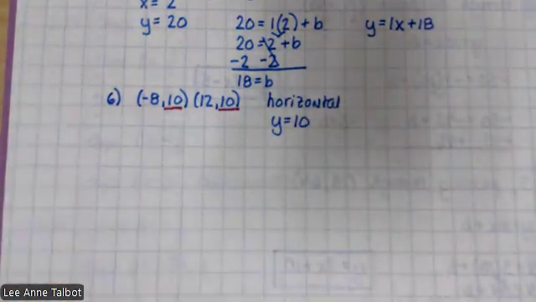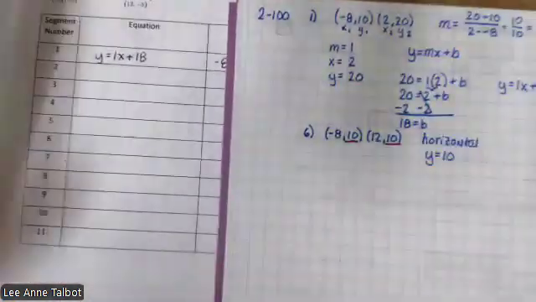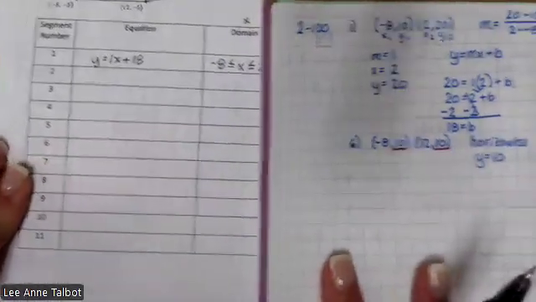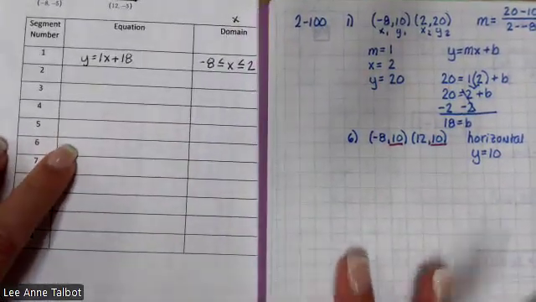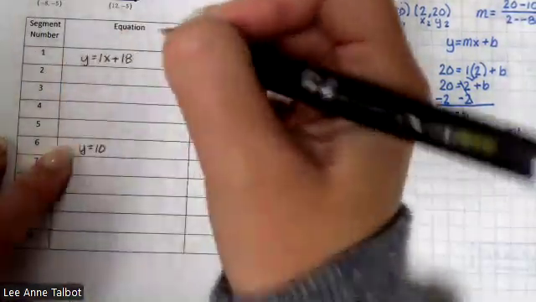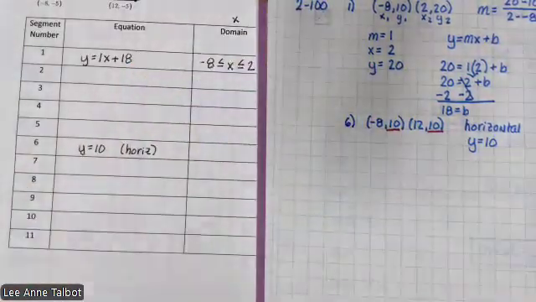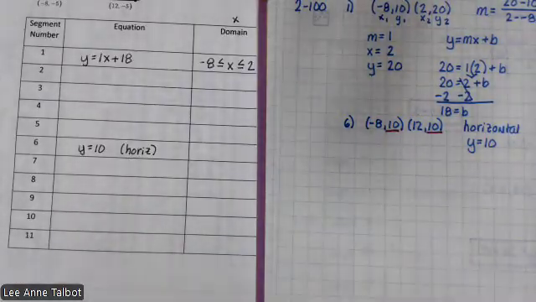Okay, so go to segment 6 in your resource page here. And we have to talk about the domain and range a little bit of that too. Okay, so my equation is y equals 10. I'm just going to make a note to myself that that's horizontal.